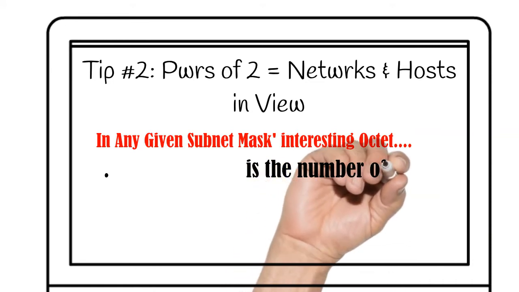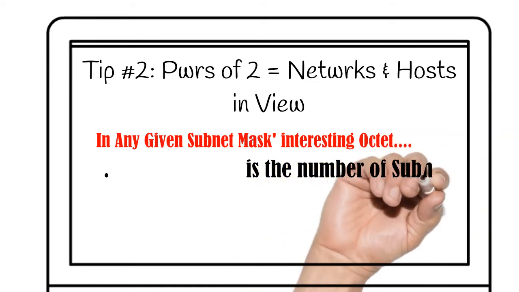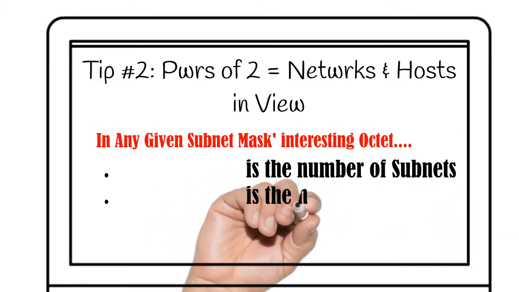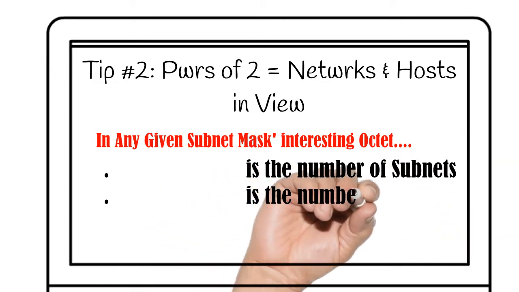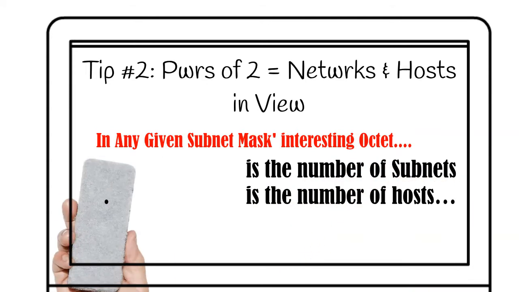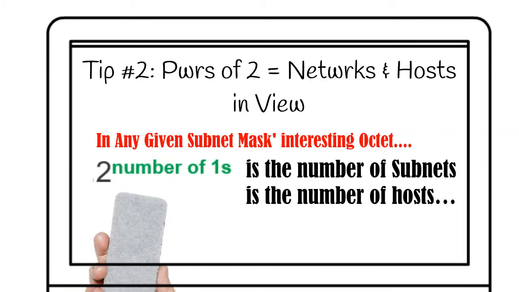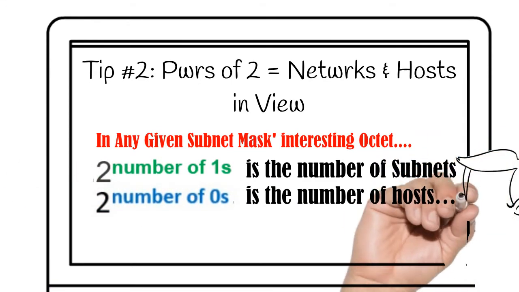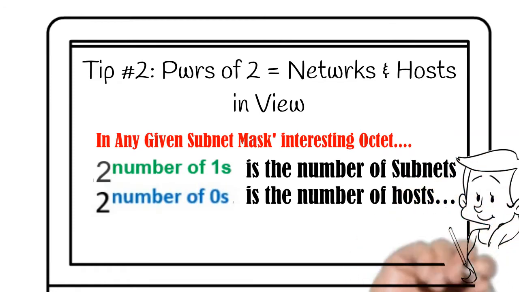When looking at a subnet mask's interesting octet in binary representation, 2 to the power of the total number of ones in that octet equals the number of subnets, and 2 to the total number of zeros in that octet equals the number of hosts.